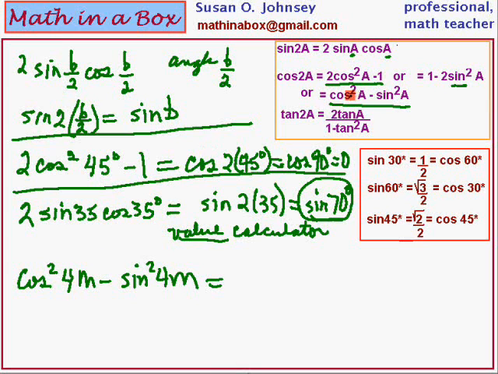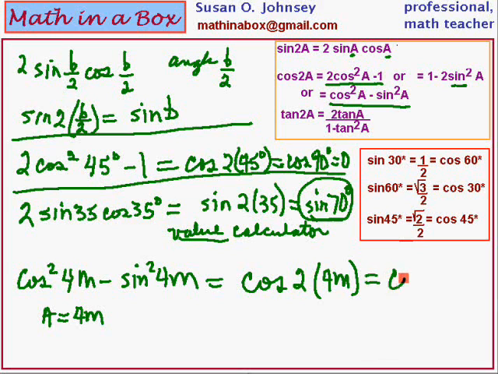So our angle cosine squared A is now cosine squared 4m. Our angle is 4m, so this becomes the cosine of a double angle. Our angle is 4m, so this equals the cosine of 8m.